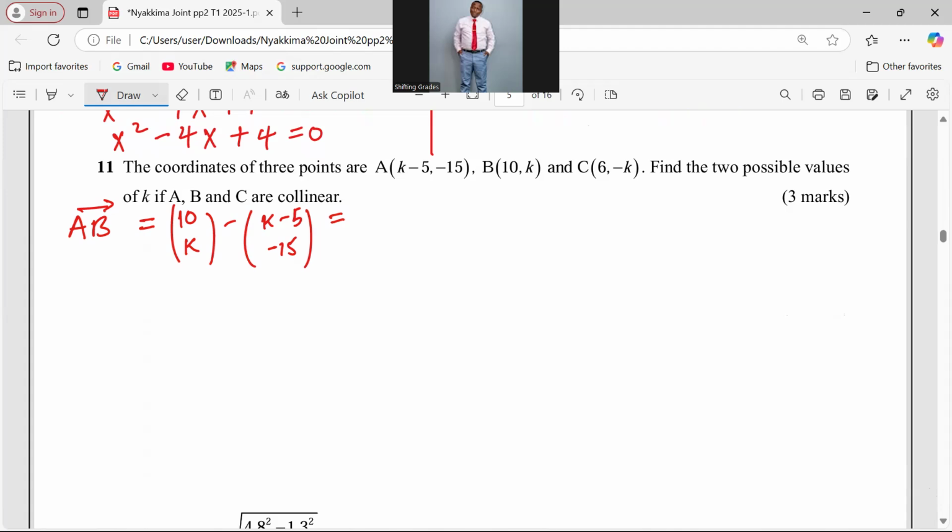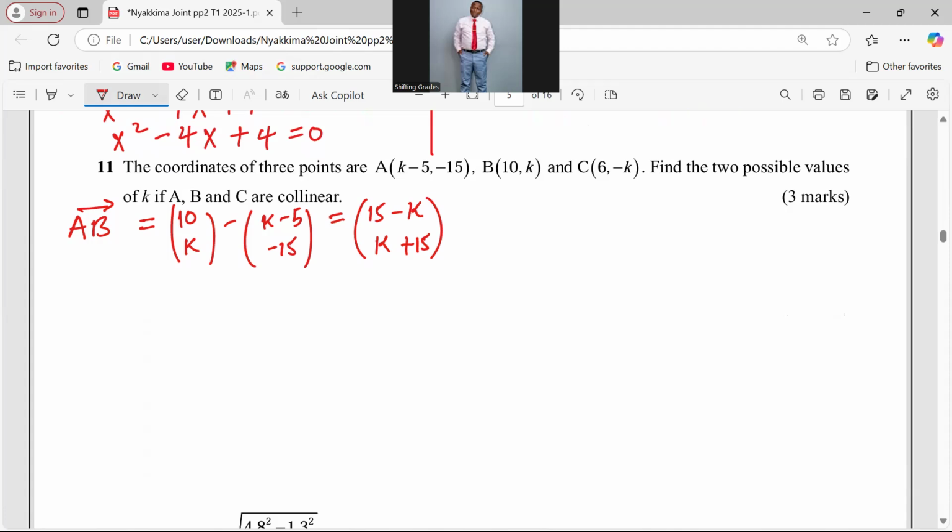This is going to be 10 minus k, then negative 5. That will be 10 minus negative 5. It becomes positive already. So we have 15 minus k. Then here we have k minus negative 15, which will be k plus 15. That is vector AB.